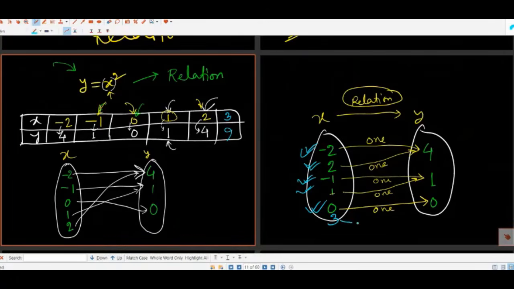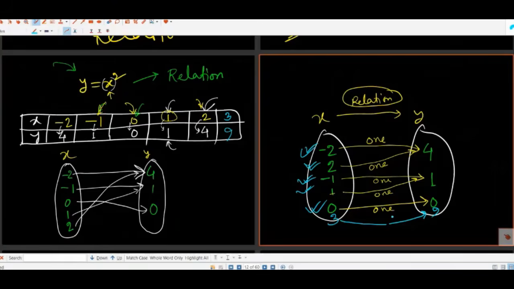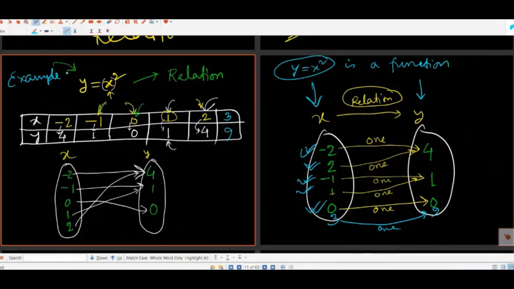How many values have we found? Again, 1. So for every input of x, we are getting exactly one output every time. So the conclusion is y equal to x squared is a function. Have you understood? Yes, sir. So this is our example 1.